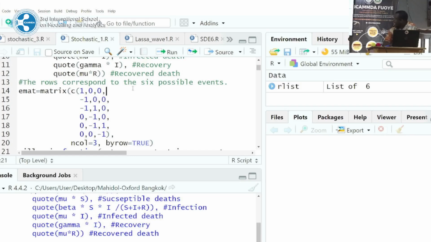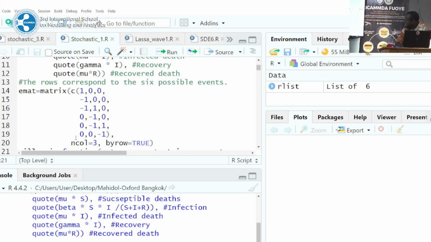Then the second is the deaths, the mu S, which only happens in the susceptible class. So -1, others are 0. And then the next one is the transmission, which happens in the susceptible class and also in the infected class. So for that, you have -1, 1, and 0. And then the next one is the deaths of the infected. So you have -1, and then others are 0.